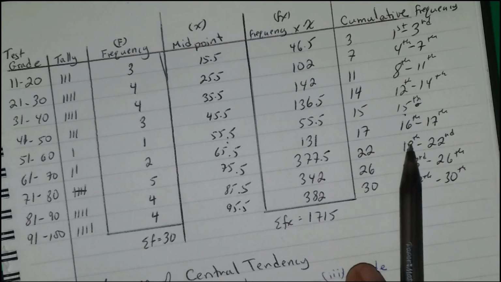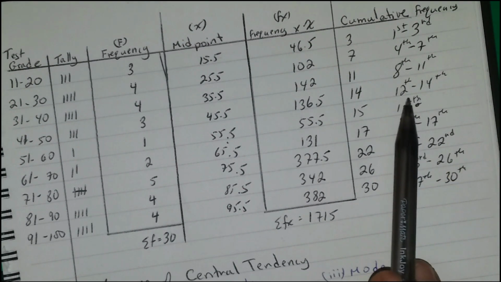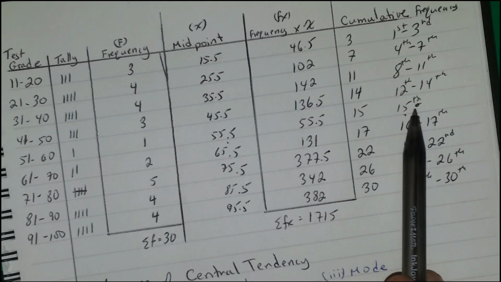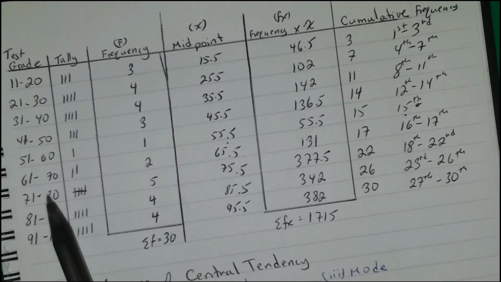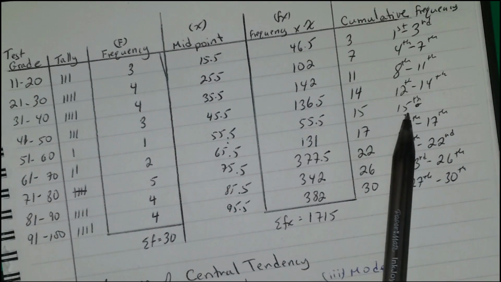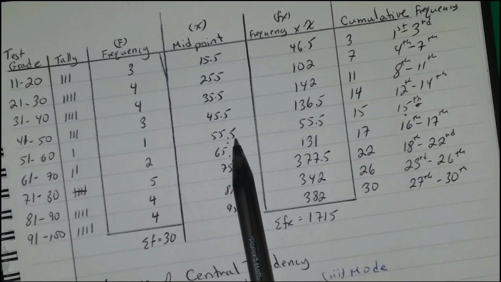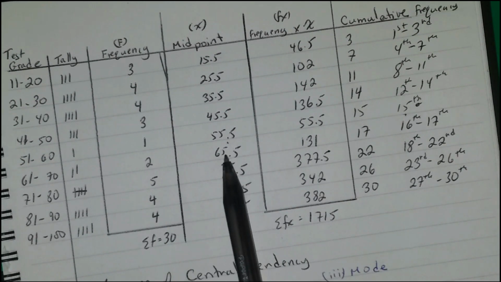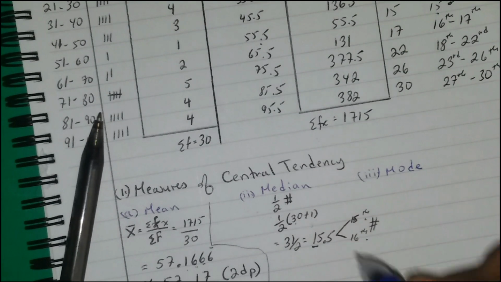We go to our data, and where we have the cumulative frequency, we find where we have the 15th number and where the 16th number is. Since we're going to be using the midpoint, because the midpoint represents now the grades, we're going to say that our 15th number is going to be 55.5 and our 16th number is going to be 65.5.